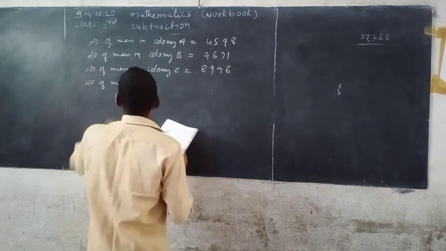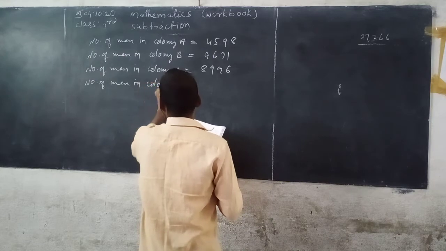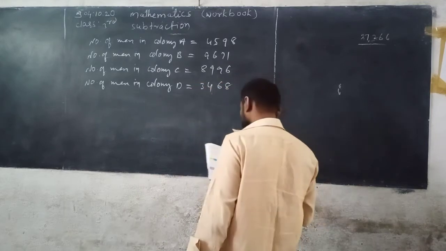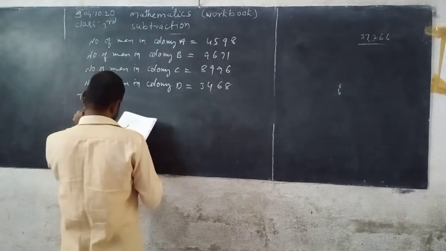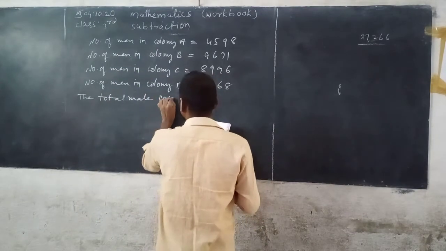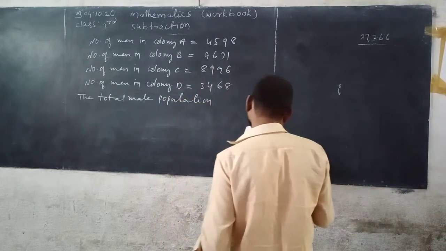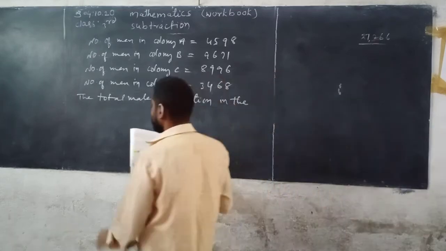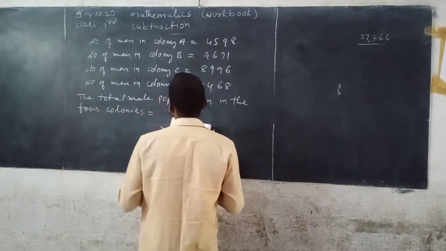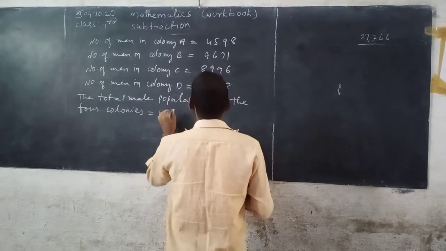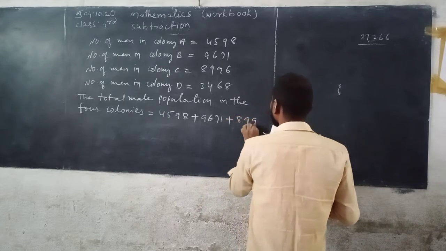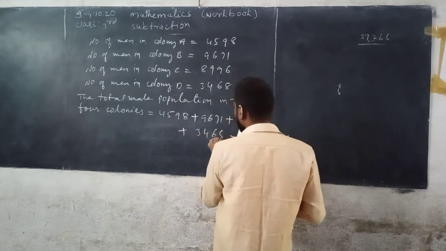Number of men in colony D is 3,468. Then the total male population in the 4 colonies is 4,598 plus 9,671 plus 8,996 plus 3,468.